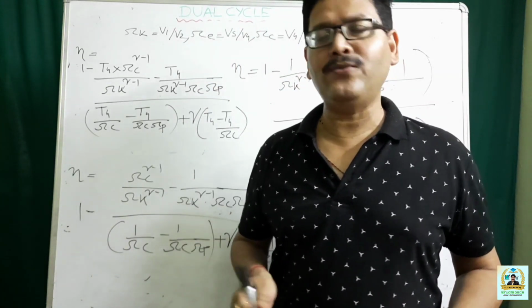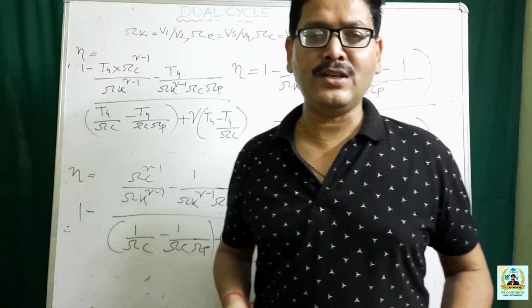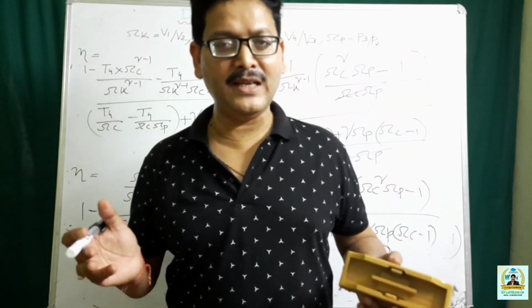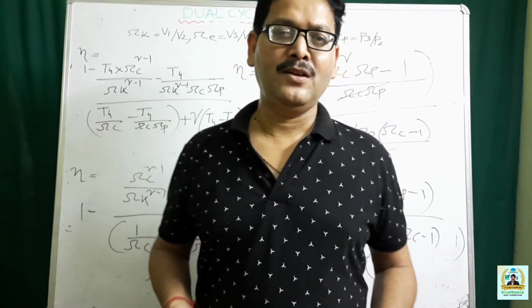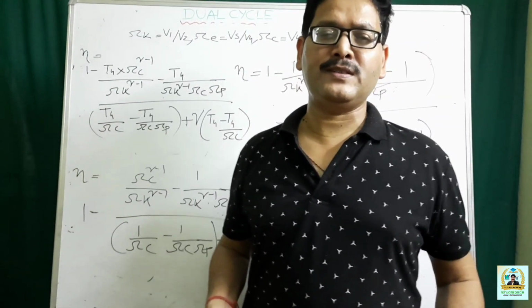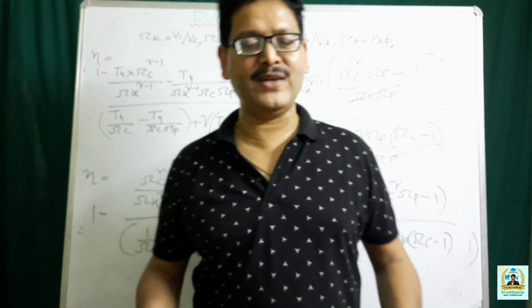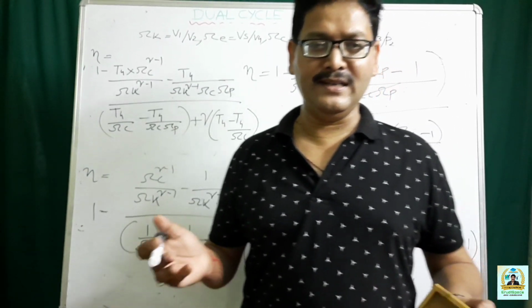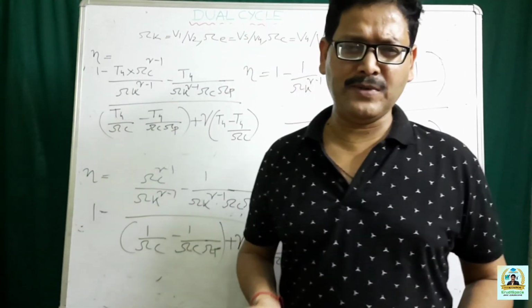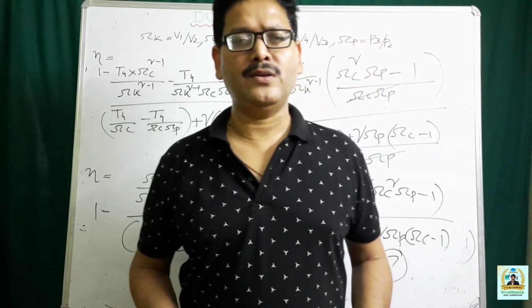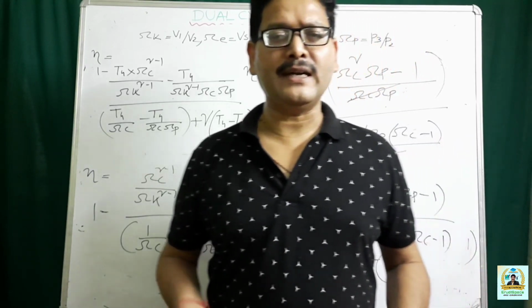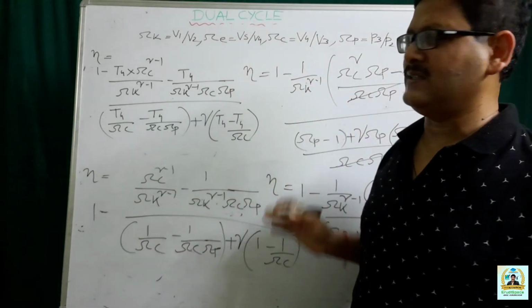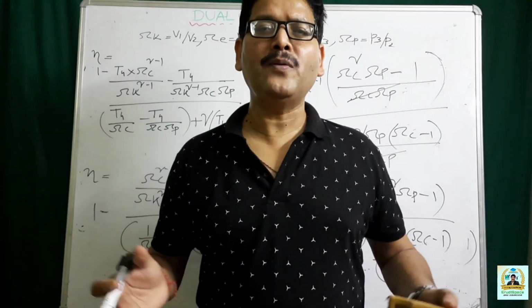So I sincerely believe that this lecture on dual cycle would be extremely useful for all of you, because we have discussed in detail all the thermodynamic processes, how it is similar and different to Otto cycle and diesel cycle, and of course we have derived the expression for thermal efficiency in terms of temperature parameters at cardinal points as well as these ratios.